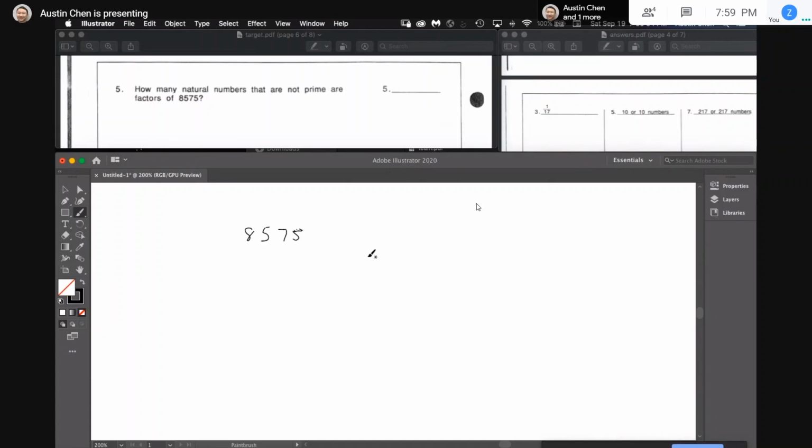I mean, we can test it. So we have 12. How many factors does 12 have?